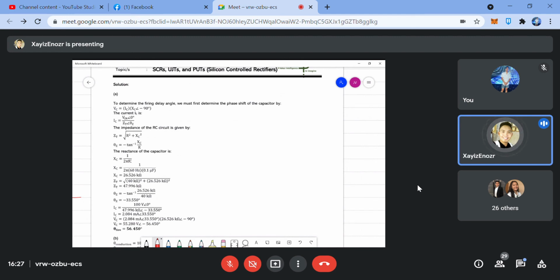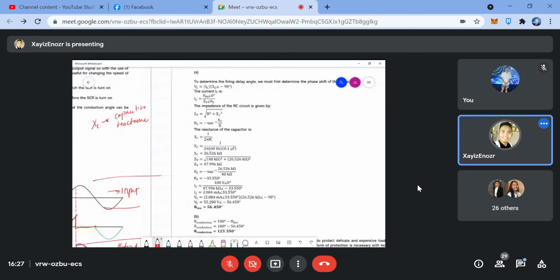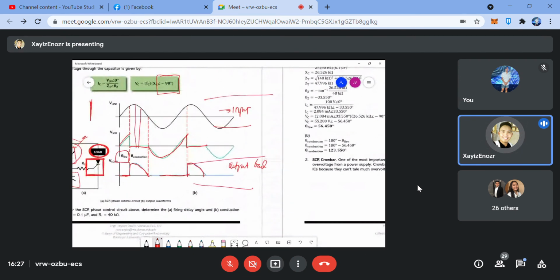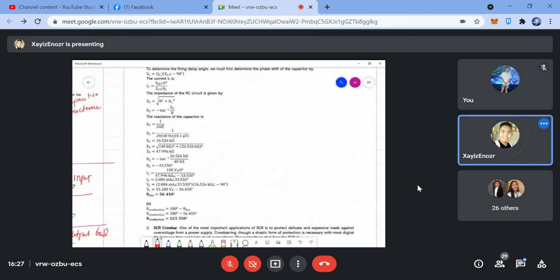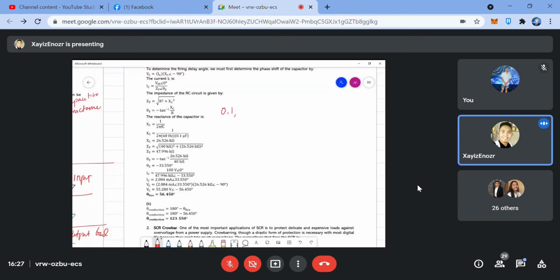So, let's first find yung ZT or yung impedance ng RC network natin. Given naman dyan, ang capacitor natin is 0.1 microfarad. Ito yung value ng capacitor.